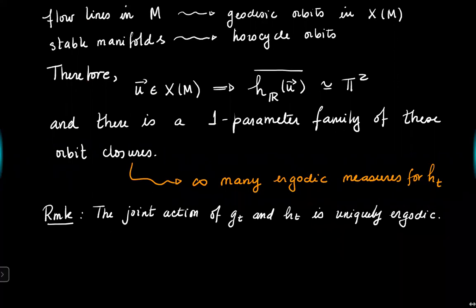So there's a 1-parameter family of orbit closures, which give, of course, infinitely many ergodic measures for the foliated horocycle flow. In this example, the joint action of the geodesic and horocycle flow is known to be uniquely ergodic. So these are many measures which are ergodic for the horocycle flow and which are not invariant for the geodesic flow.